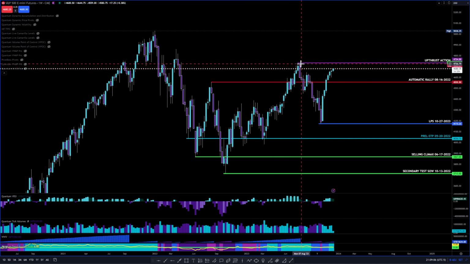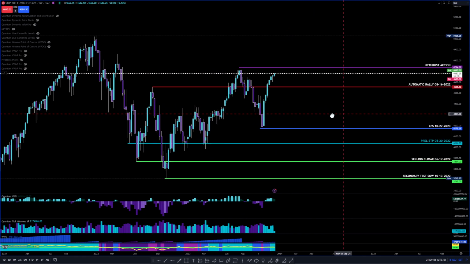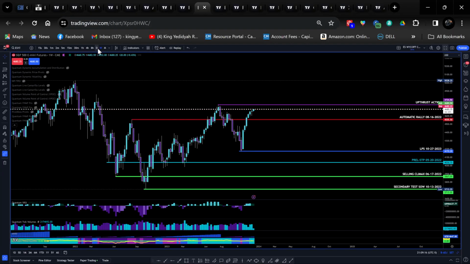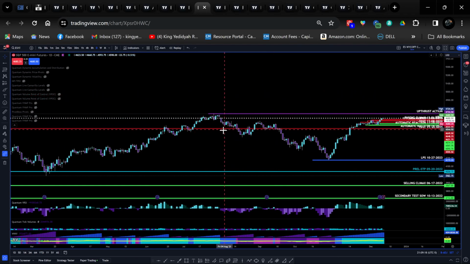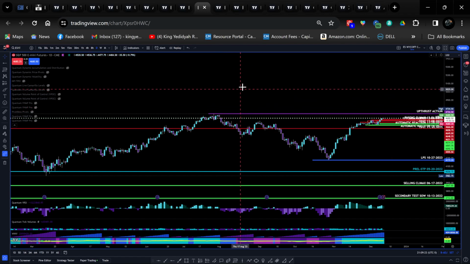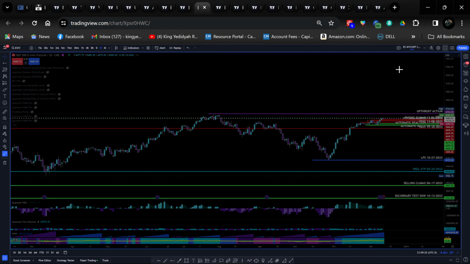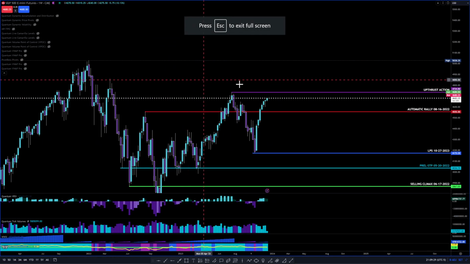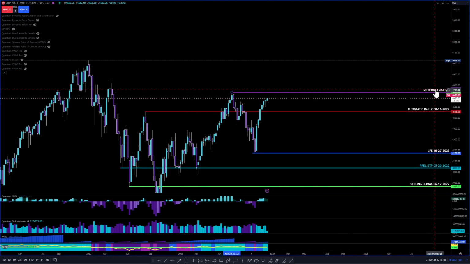And we had the upthrust action here, roughly the 24th of July, but I would have to go down to the daily chart to get the actual date, which is the 27th of July. So going back to the weekly, 27th of July, let's label that.